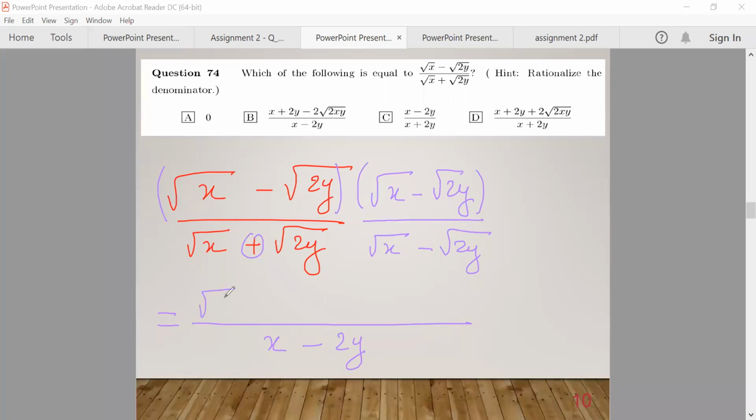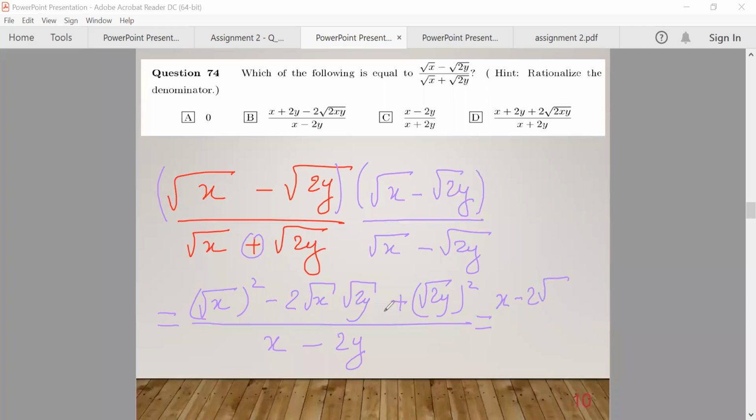In the numerator, we see that we multiply this expression by itself, so squared. So the first squared, minus 2 times the first times the second, plus the second squared. So finally, root x all squared here, x, minus 2.